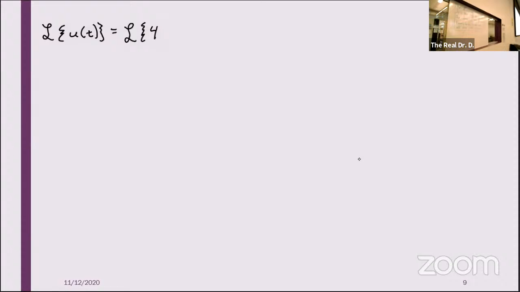So we really are only concerned about this once the step input turns on, and when it turns on, it just becomes the Laplace transform of 4. Well, from the table, it's just going to be 4 over s.